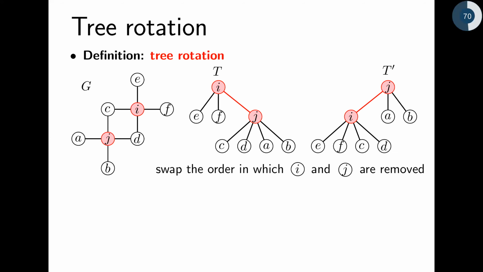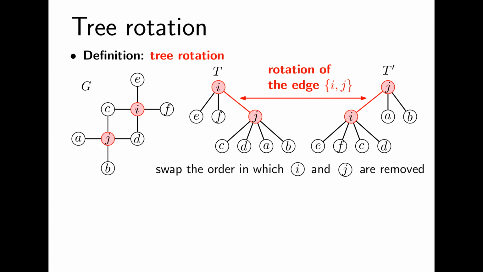And this leads to some of these subtrees changing their parents. Specifically, what is a child of I remains a child of I, and what is a child of J here remains a child of J here. But some of these children here, these C and D, change their parents. So here the parent is J, and over here the parent is I. But this is just a consequence of the definition.